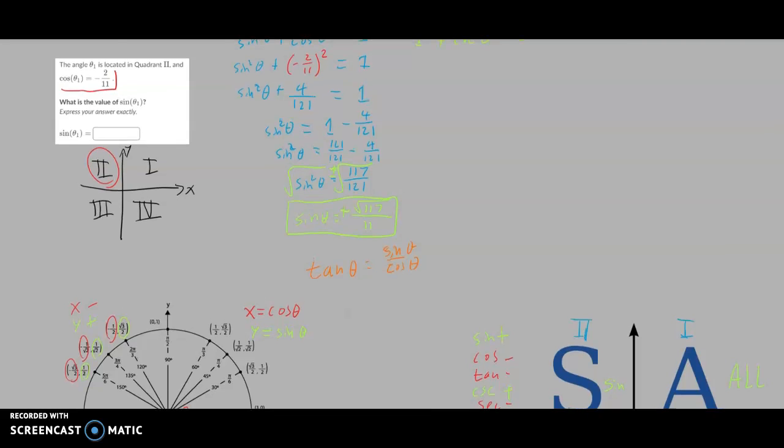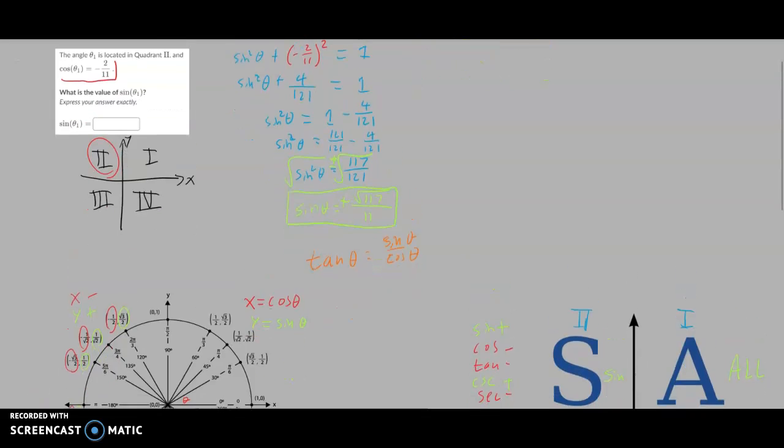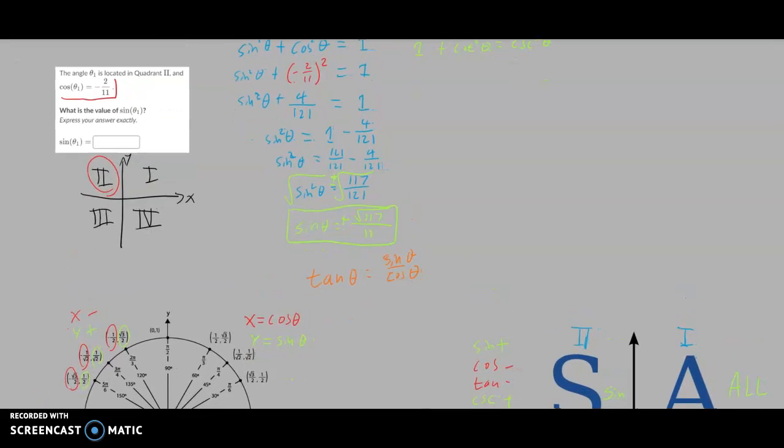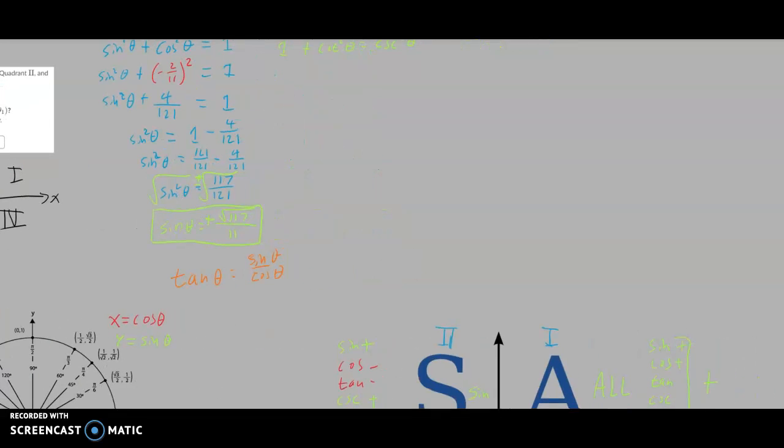And the last thing I wanted to talk about is sometimes they won't tell you explicitly that an angle is in quadrant 2, for example. They might tell you instead, let's say, that pi over 2 is less than theta is less than pi. What this means is that theta is between pi over 2 and pi.